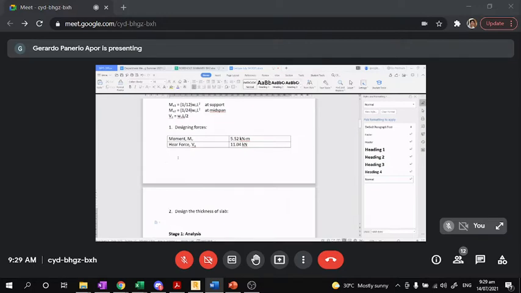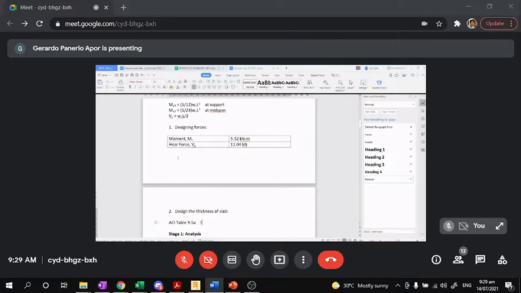It depends, no? I will just use L over 24. This is from ACI table 9.5A.